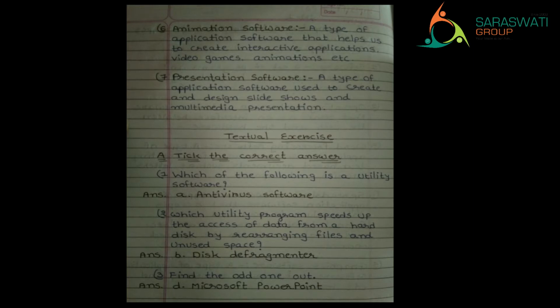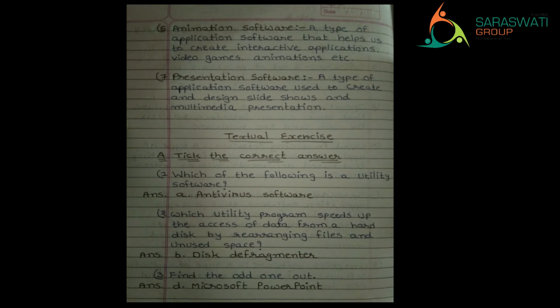Now second question, which utility program speeds up the access of data from a hard disk by rearranging files and unused space? That means if the computer is having more space, but because of certain programs, the speed of the computer has slowed down. So all that rearrangement will be done by what?